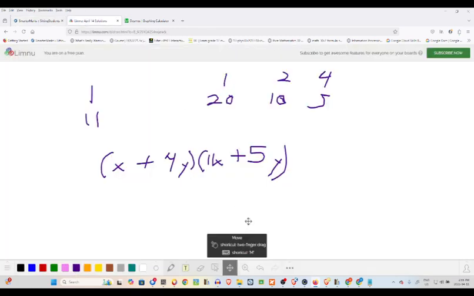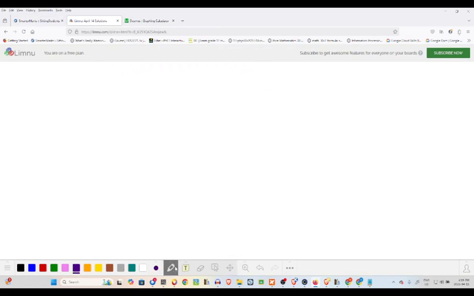So we are going to have, we can have a 2x minus 1 and x plus 3.